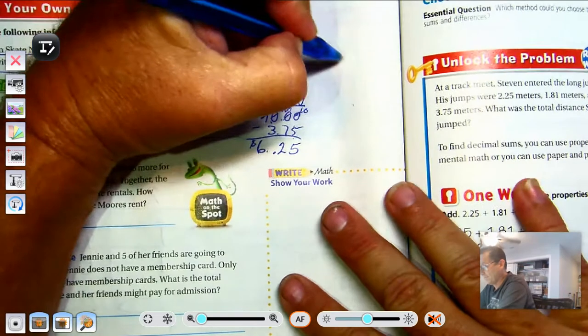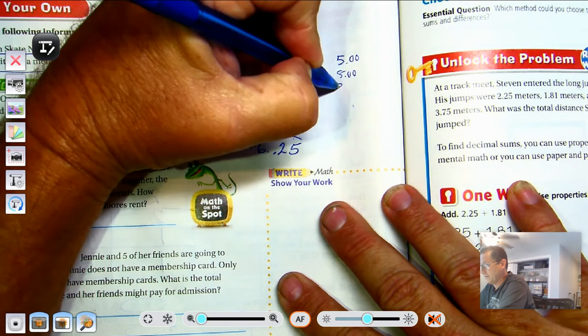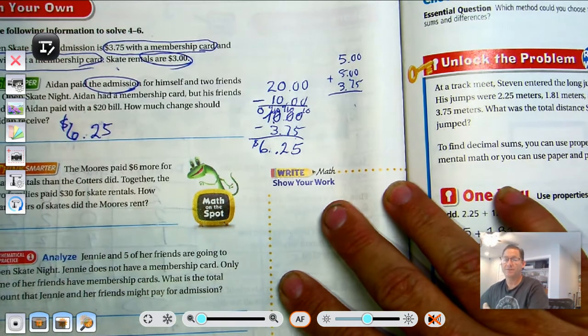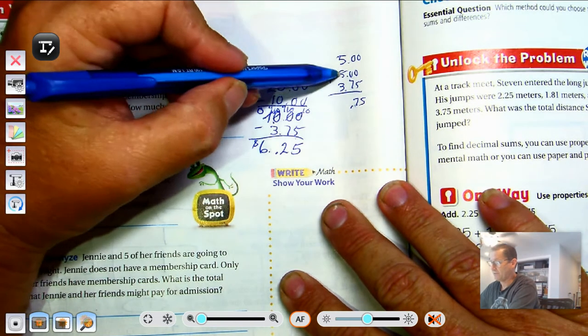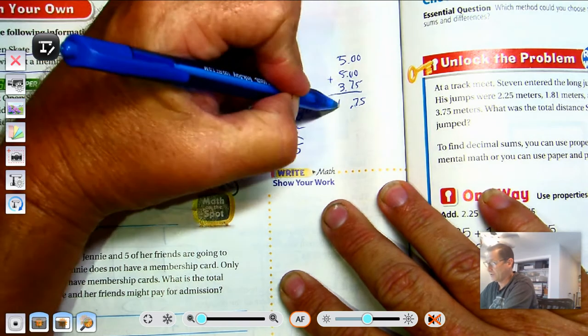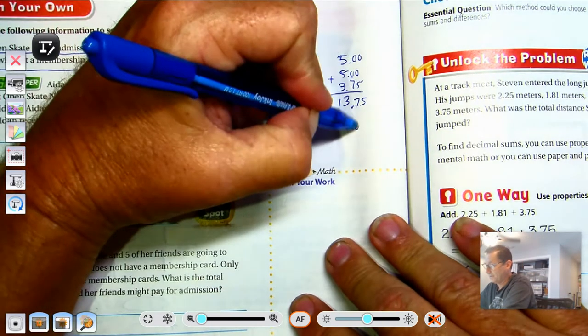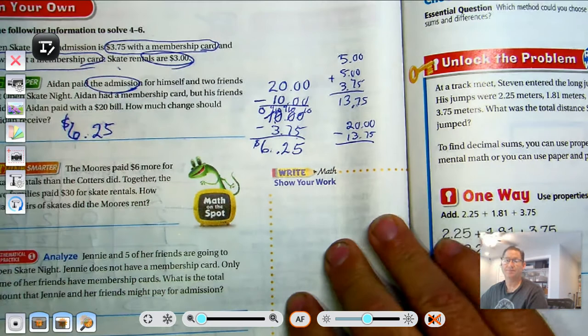What's the other way we could have done this? Well, we could have gone 5 plus 5 plus 3.75. That would have given us the admission cost. So 75 cents, 5 plus 5 plus 3, $13.75. Okay, and we could have taken $20 and subtracted 13.75.